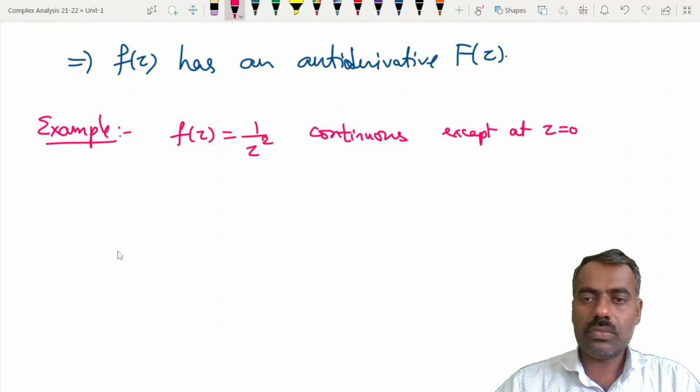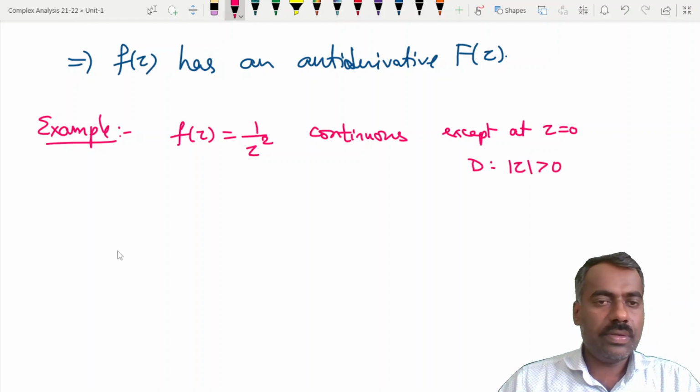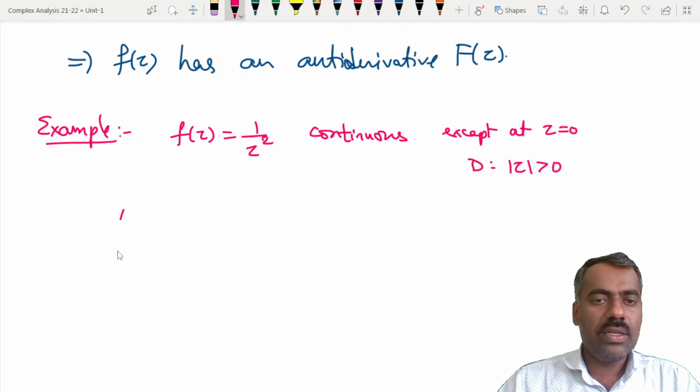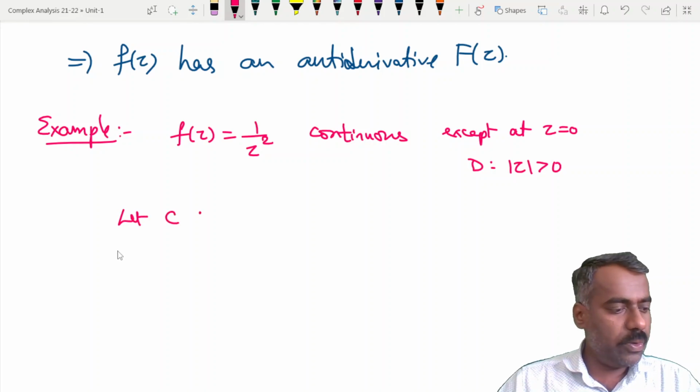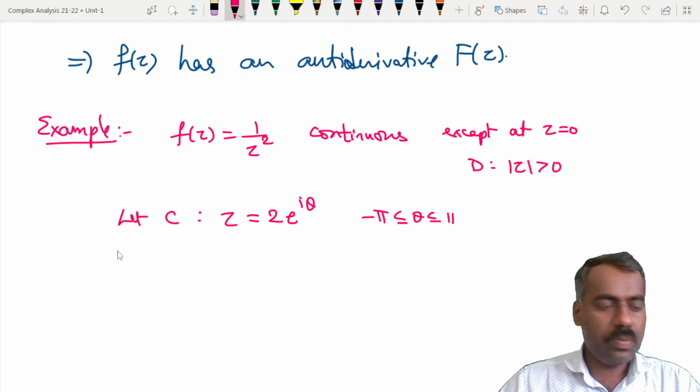So you take your D as, say, mod z greater than 0. Then for the integration over C, you can take C to be any positively oriented circle. So let C be a positively oriented circle, z is equal to 2 into e power i theta, where theta is from minus pi to pi.